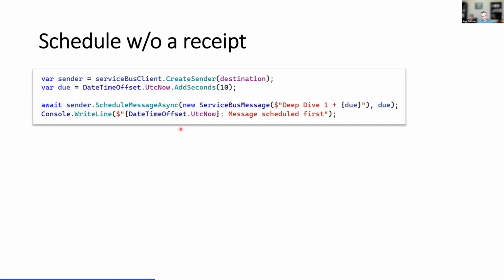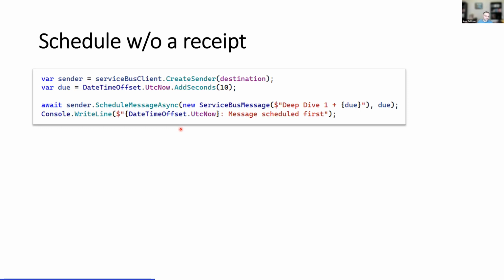Now, it's funny because if you look at the queue, if you peek at the messages, and peeking is basically looking at the messages without receiving, you will see that the message is on the queue. It's just not available for receiving. That's it. That's really what it is.